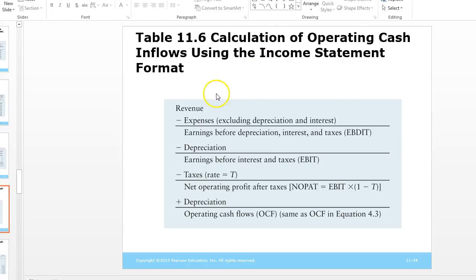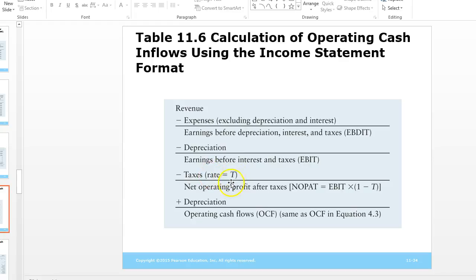Again, here's how one calculates the income statement cash inflows. Here's your expenses, and here's your revenue minus your expenses. That gives you your earnings before depreciation, interest and taxes. And here's your depreciation, which leaves you with EBIT, earnings before interest and taxes.